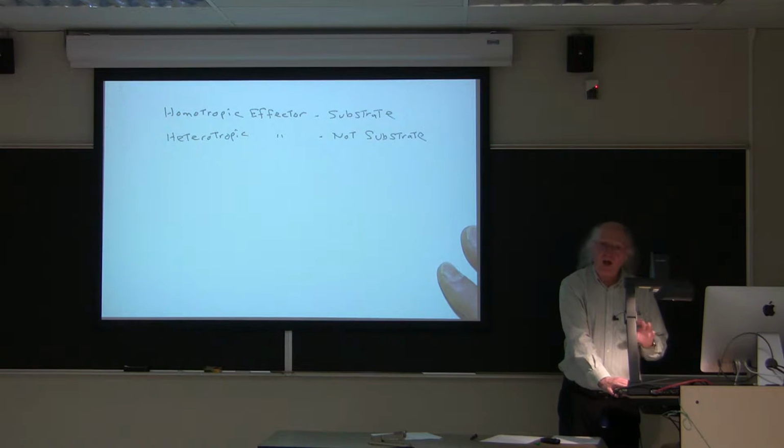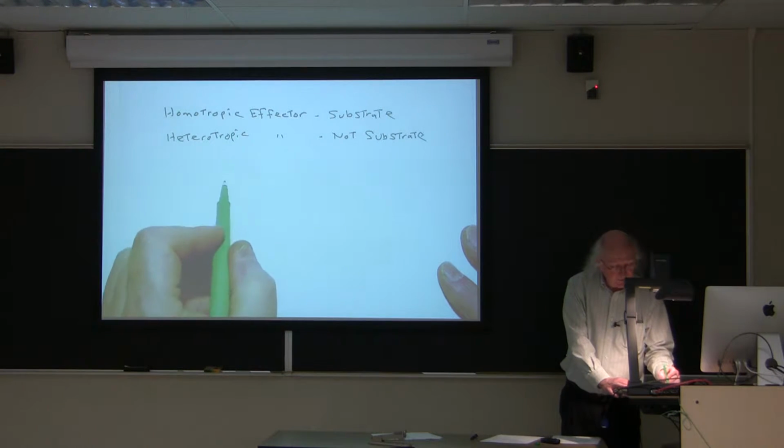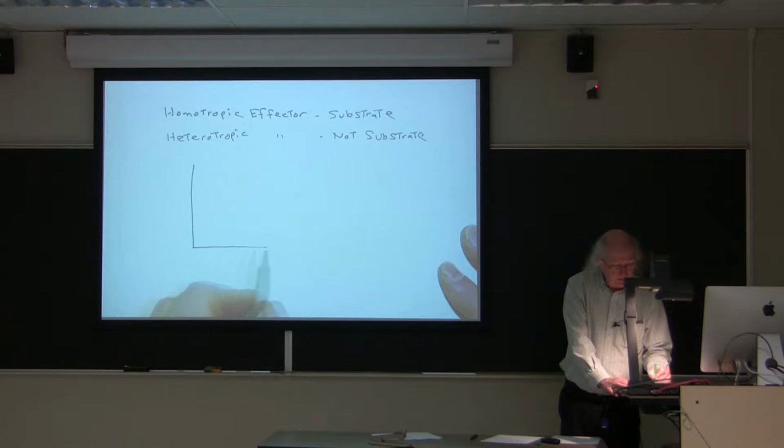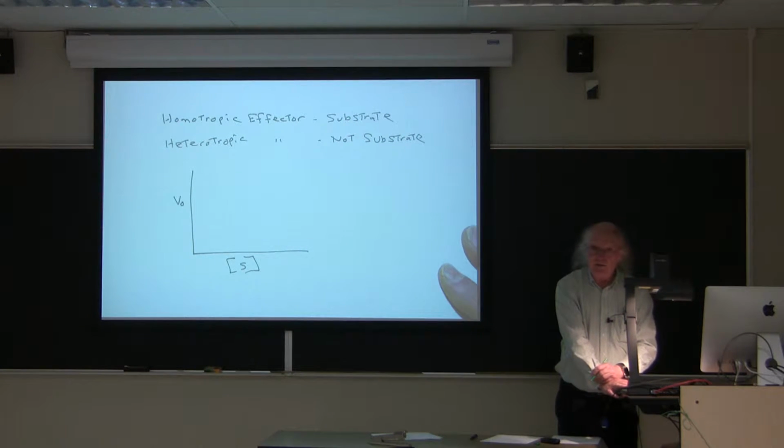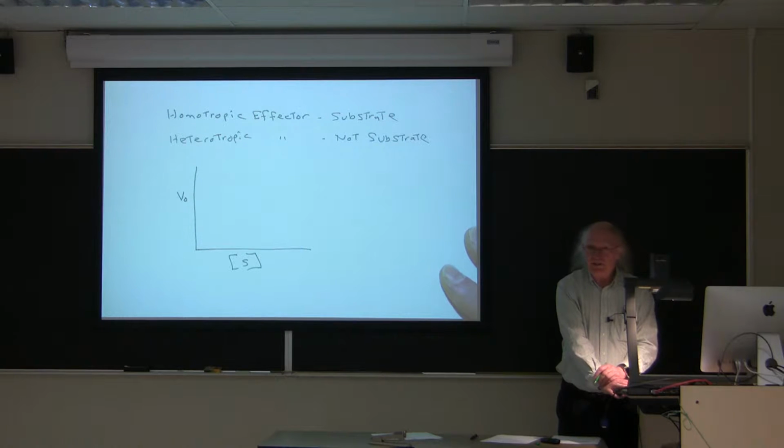Now, when we think about how we study the velocity of an enzymatic reaction, we plot V0, which is the velocity of the reaction, compared to the substrate concentration. The substrate concentration is varying throughout the experiment. So we can imagine that as we vary the substrate, we would see something very much like what we saw when we varied the oxygen concentration with respect to the binding of hemoglobin.